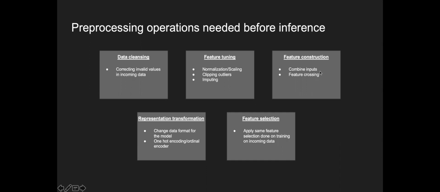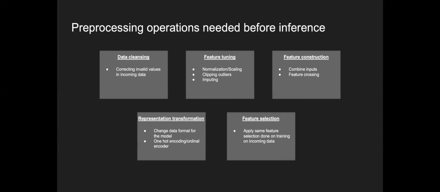Then you have feature construction, combining inputs or feature crossing, where you combine features. The next is representation transformation, changing data formats for the model. This could be one hot encoding or ordinal encoding.